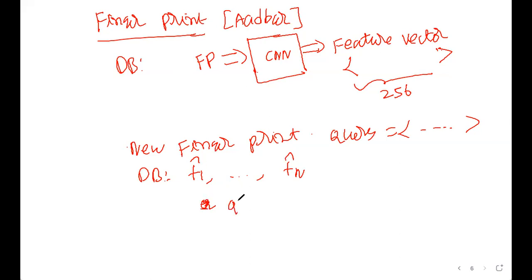So you have the query Q bar, and in order to check which of these n fingerprints in the database it is nearest to, you compute the dot product. You try to do cosine similarity.